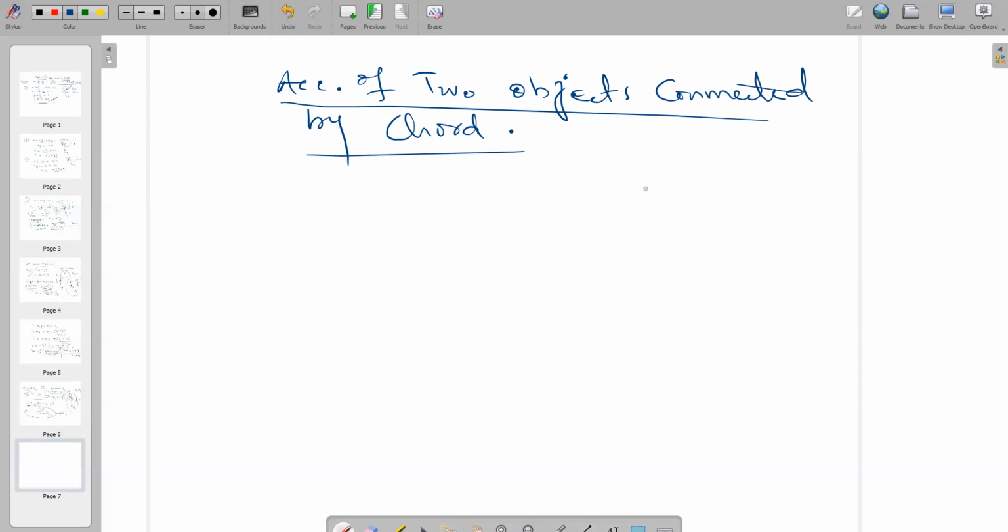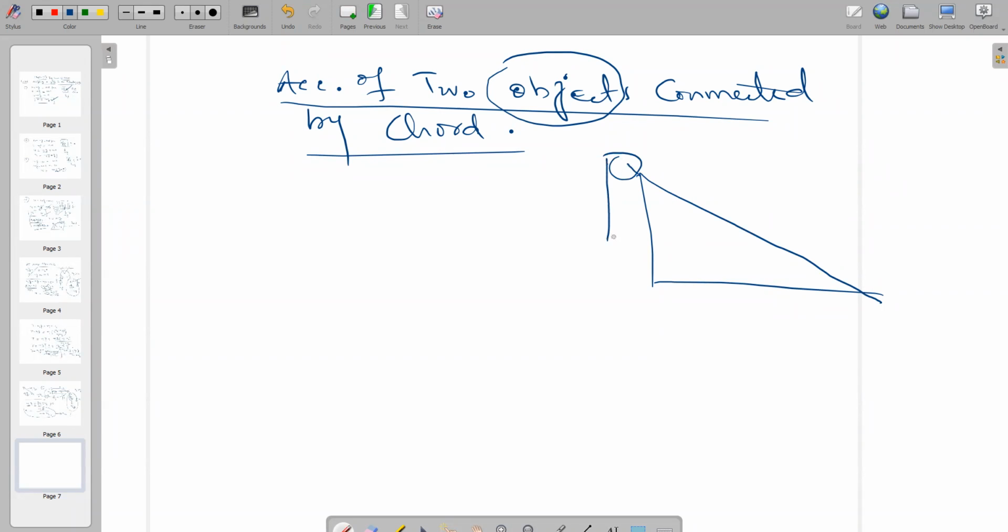So here, these two objects are connected by a string or a cord, but they are placed on an inclined plane. This is the inclined plane. On this inclined plane, here is a pulley and one body is here.